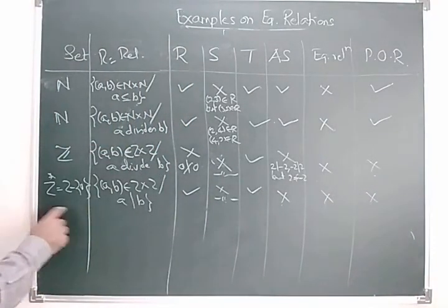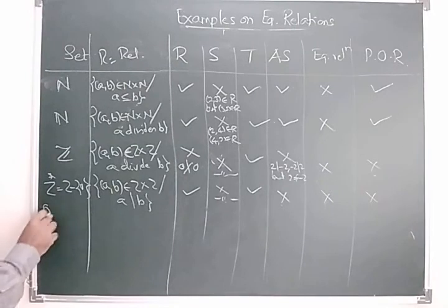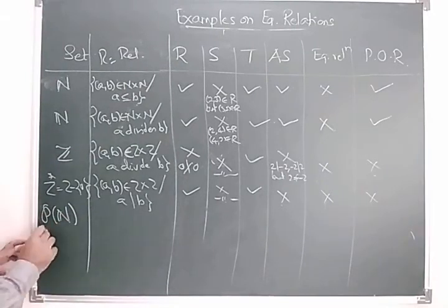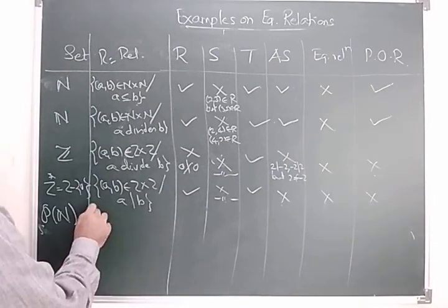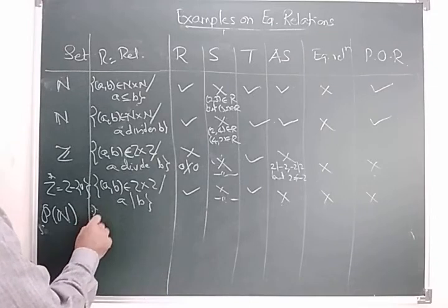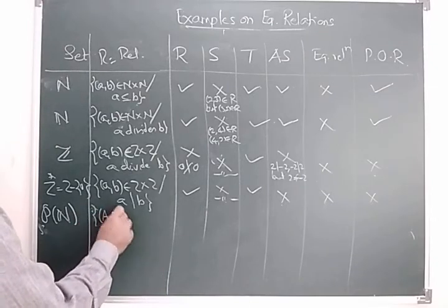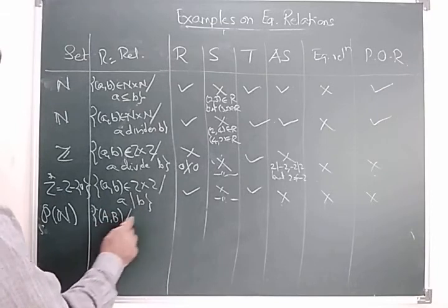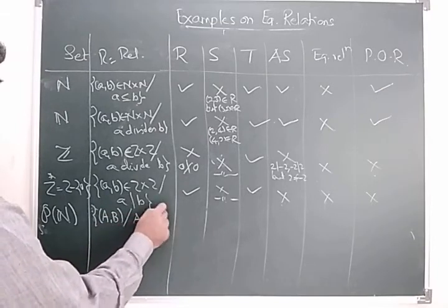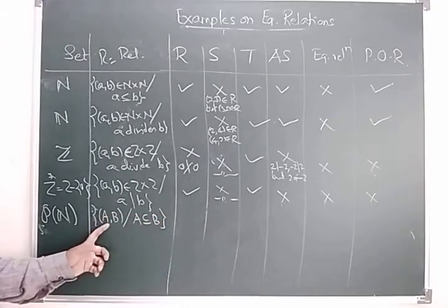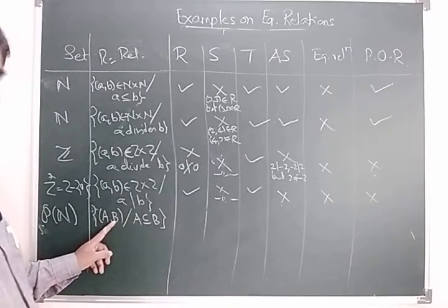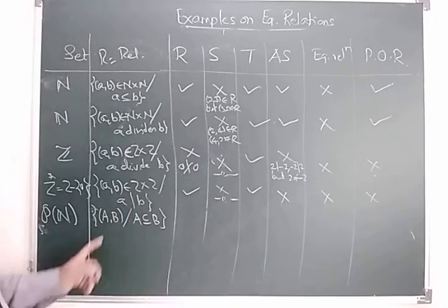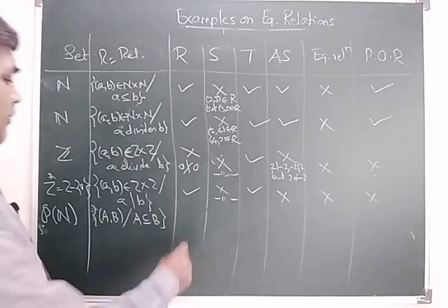If I take now the power set of N, the set of all subsets of N, it contains the ordered pairs (A, B) such that A is a subset of B. A and B are subsets of N, and A is related to B if A is a subset of B. Every set is a subset of itself.